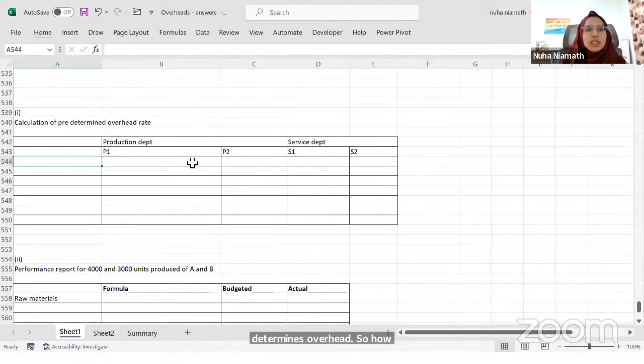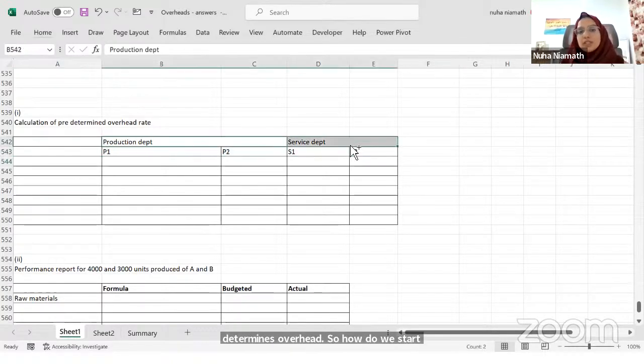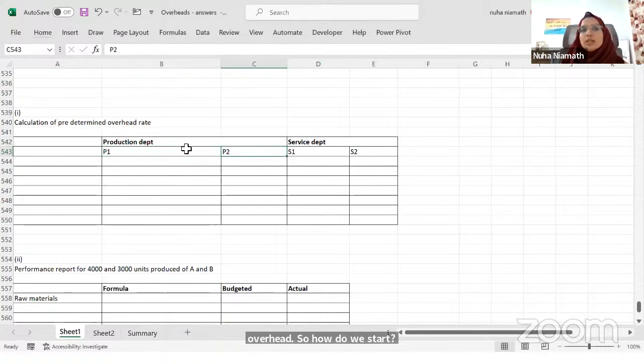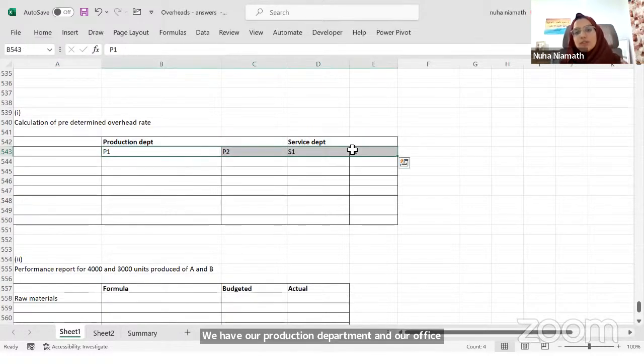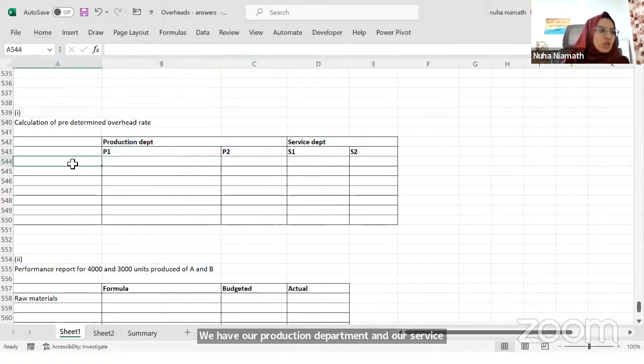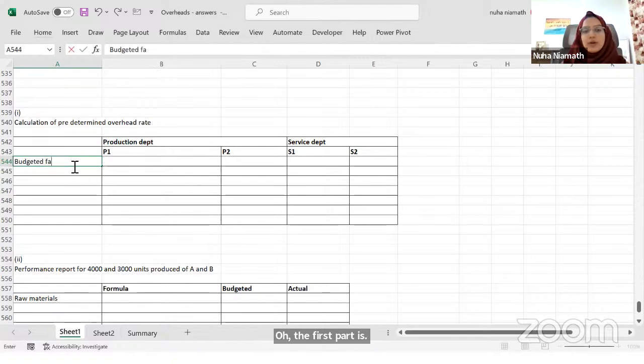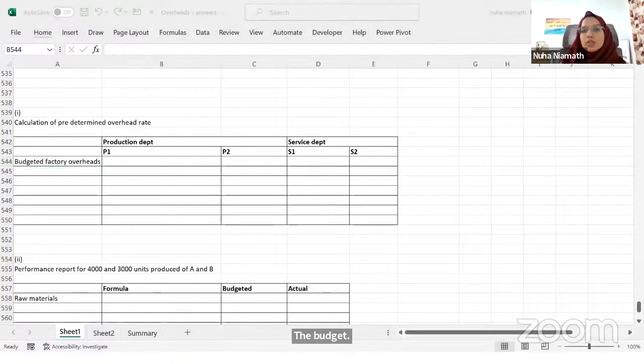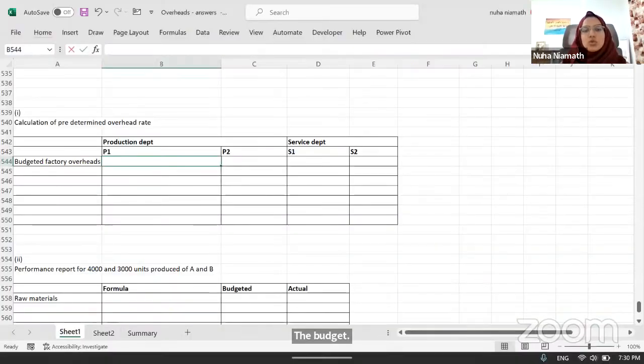So how do we start? We have our production departments and our service departments, P1, P2, S1 and S2. Correct? It's given in the question. So the first part is the budgeted factory overheads. Correct? What is it given? 25 lakhs 50,000.